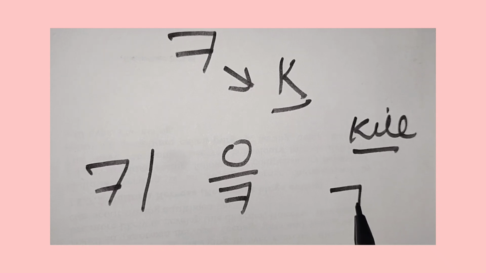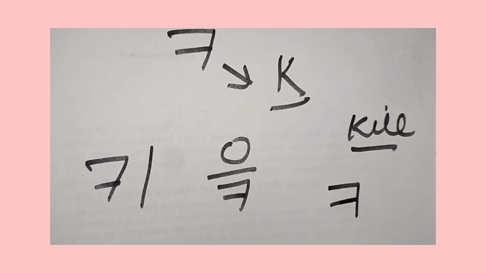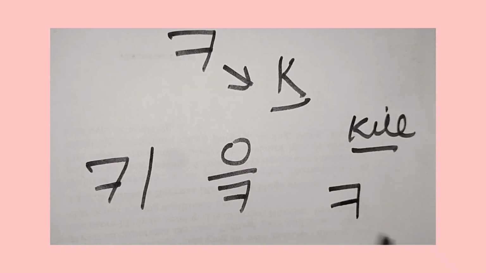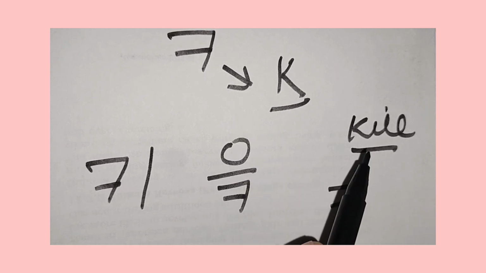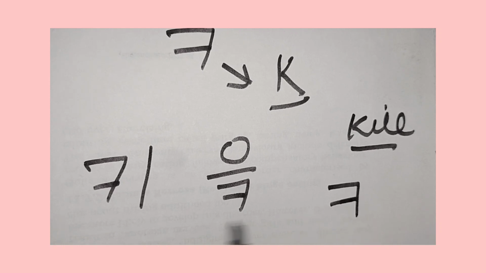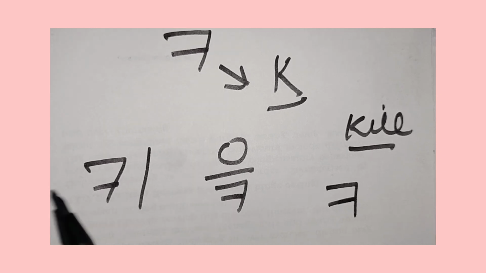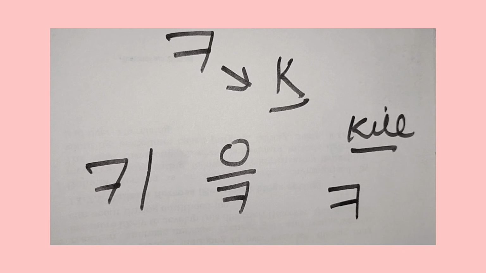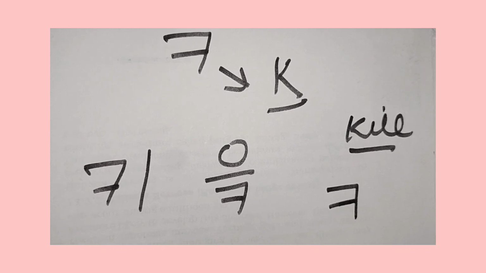You hold the trigger of a gun and you kill someone, and that's why this becomes kill. I know it actually sounds weird, but it helps you to memorize consonants easily.